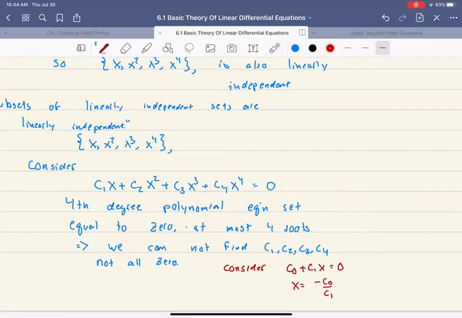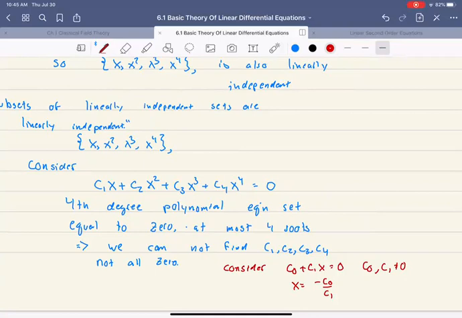That's the only place, with c0 and c1 not equal to 0, that this is going to happen. Otherwise, you're not going to be able to solve that identically equal to 0. That's just another idea to consider about these.